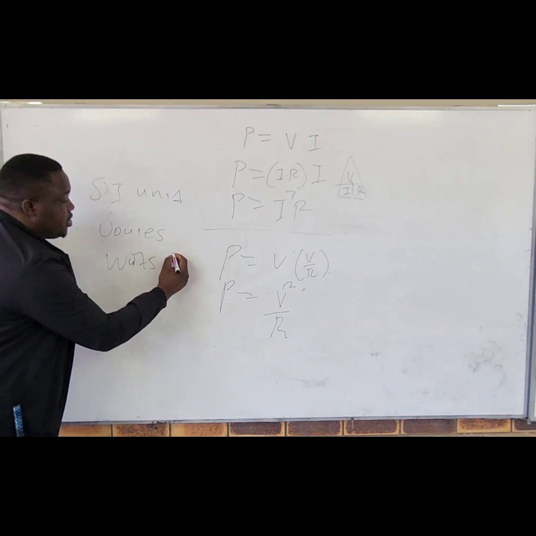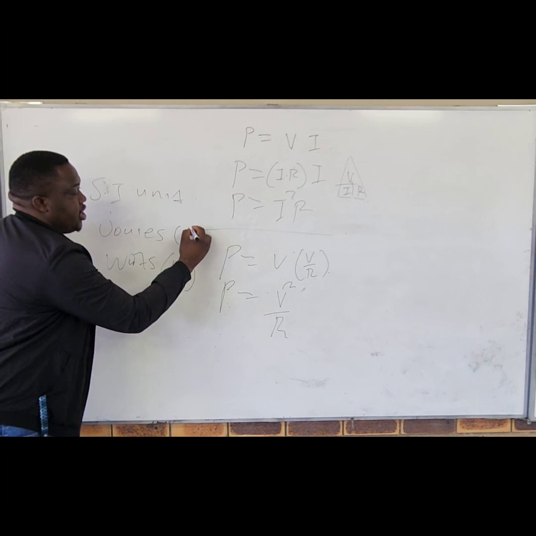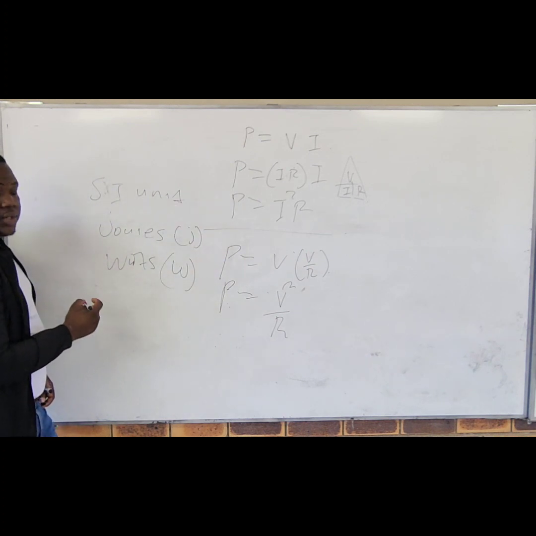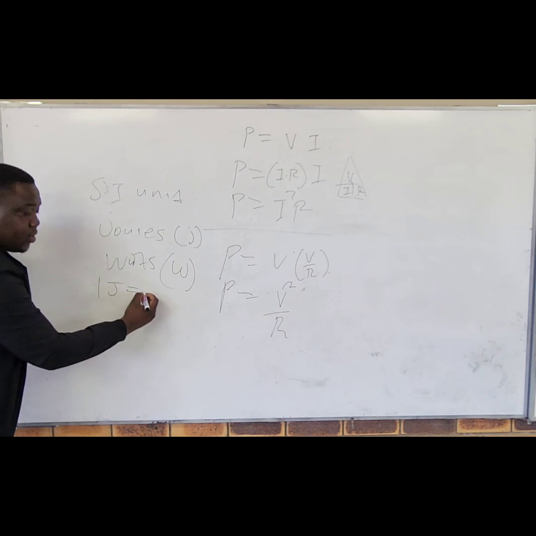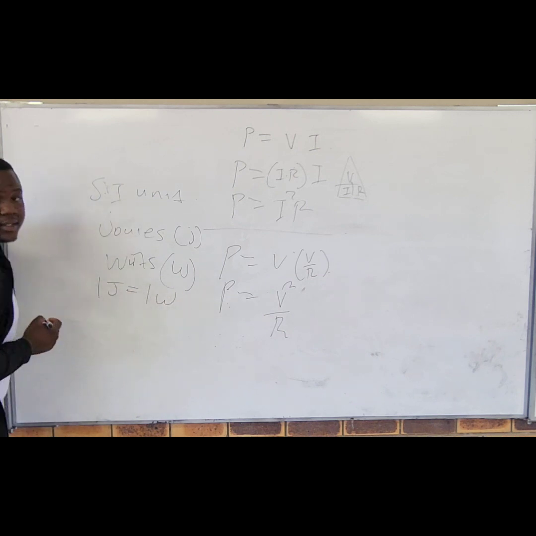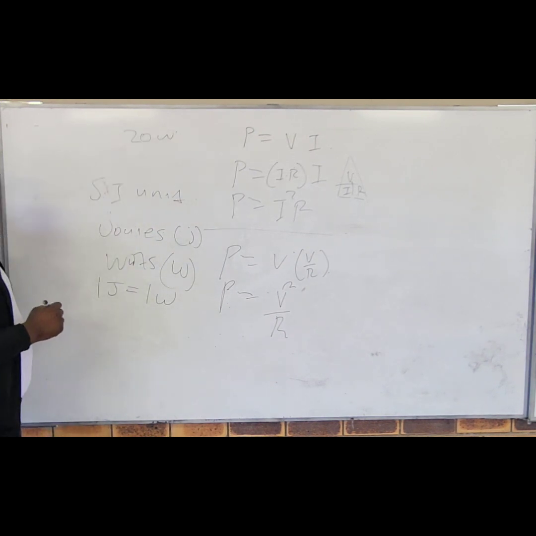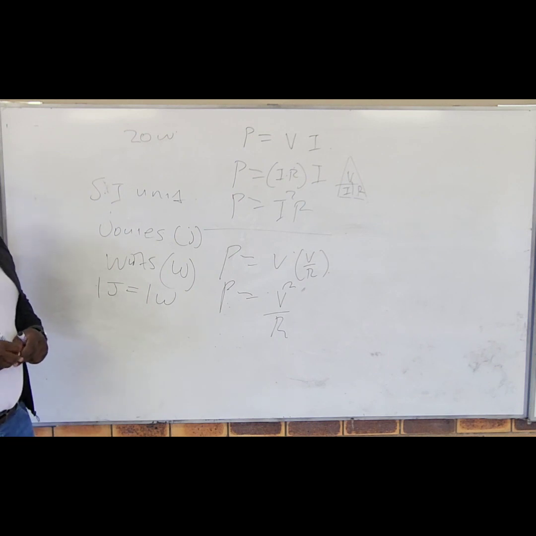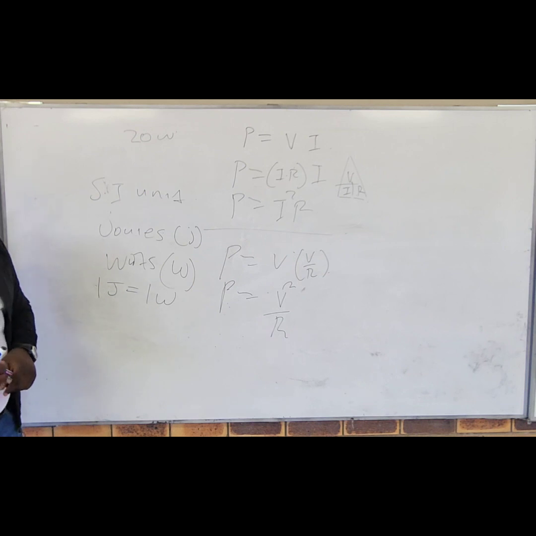So watts, which is the letter W, joule is letter J. So you need to know that one joule is equal to 1 watt. So if you find that they gave you 20 watt, you just need to know that 20 watt is equal to 20 joules.